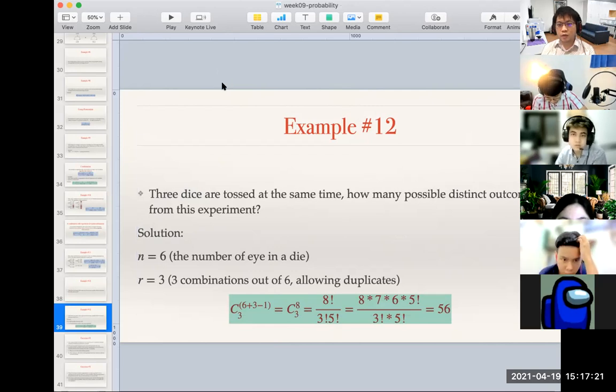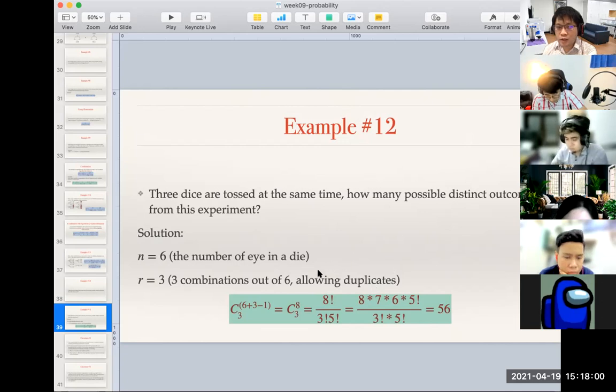It has only 6 sides, so there are only 6 possible numbers on a die. In one experiment, you are asked to toss 3 dice, so r here is 3. You are asked to do 3 combinations out of 6 possible outcomes, while allowing duplicates to happen.